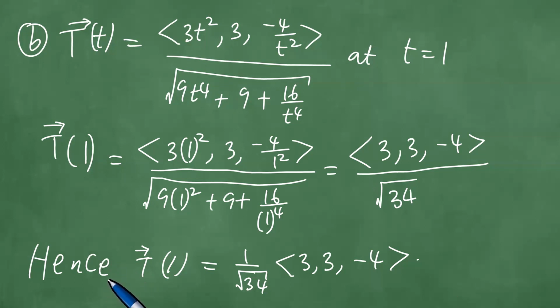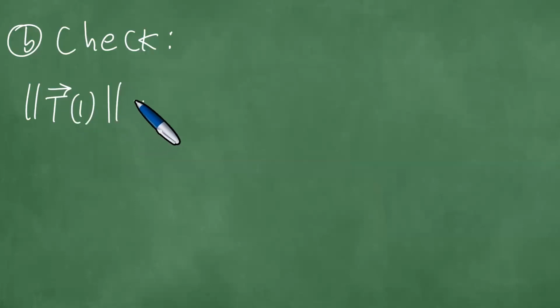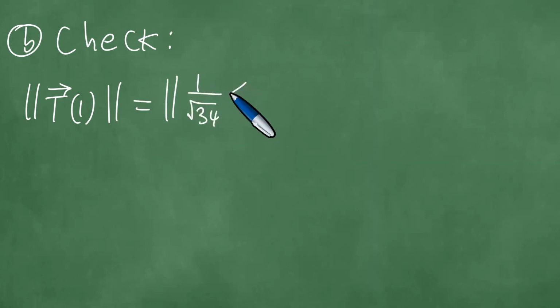let us continue to check this vector. Let's check if this vector is a unit vector. So we're going to proceed to do a check, which is T of 1, which is 1 over the square root of 34 times 3, 3, minus 4.